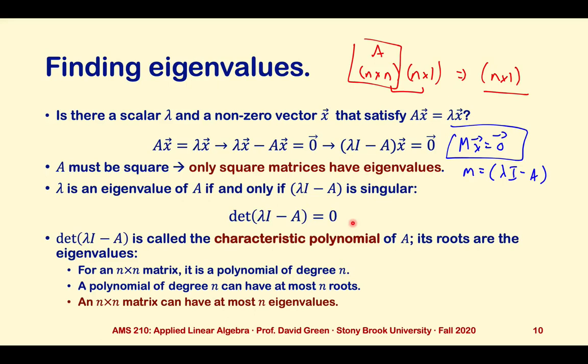A polynomial of degree 3 can cross the x-axis at most 3 times, and so on. This means that an n by n matrix can have no more than n eigenvalues, starting to give us some insight into how many eigenvalues a matrix can have.